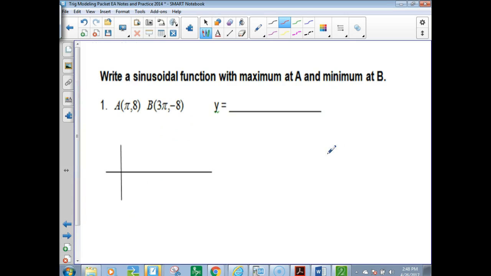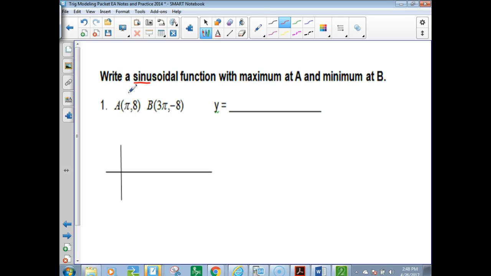All right, we're going to write a sinusoidal function, sine, with a maximum point at A and a minimum point at B. Now, if A is the max and B is the min, is that where the wave actually starts? Think about what that means. Doesn't this mean the highest point?